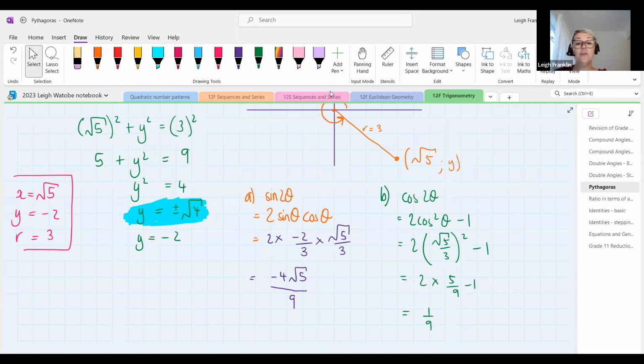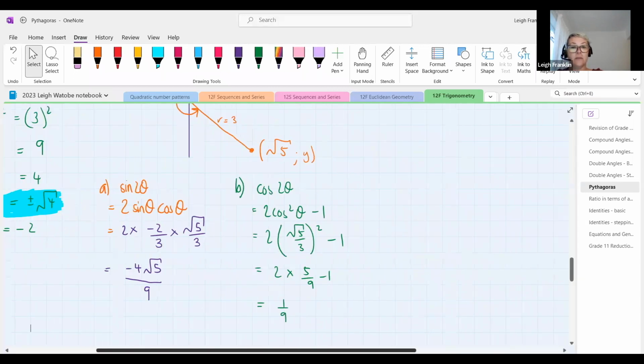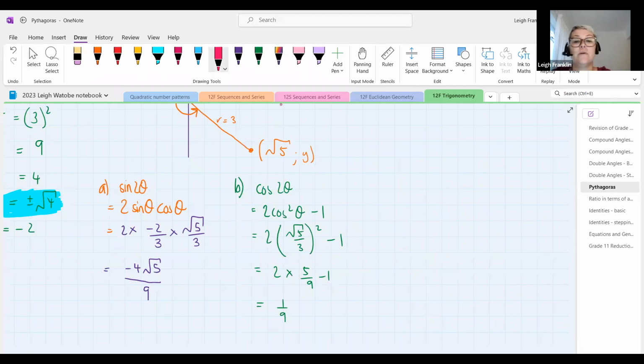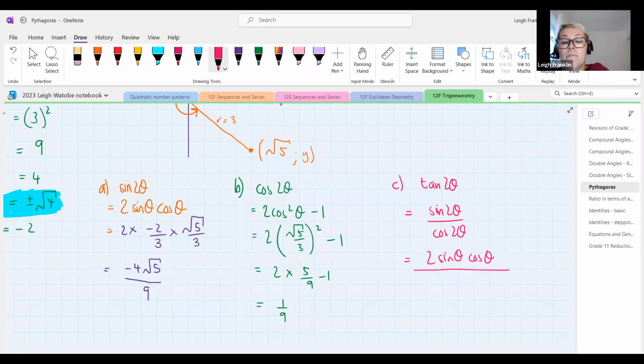Well done. Mikhail, you want to do C? Excellent. Go for it. Good day, ma'am. Good day. So C is tan 2 theta is equal to sine 2 theta divided by cos 2 theta. Lovely. 2 sine theta cos theta divided by 2 cos squared theta minus 1.